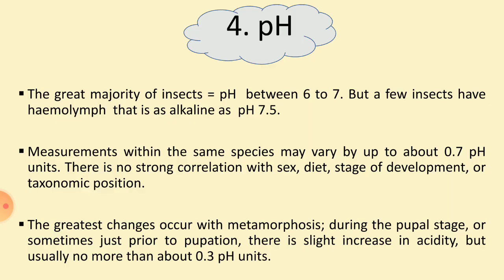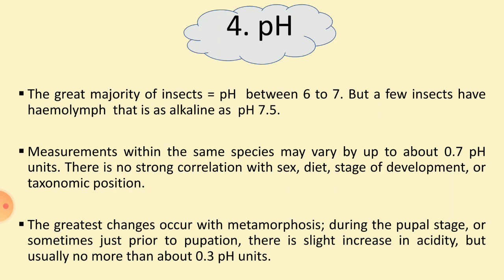Then the fourth physical property of the plasma is pH. In the great majority of insects, the pH is between 6 to 7, but a few insects have hemolymph that is as alkaline as pH 7.5.